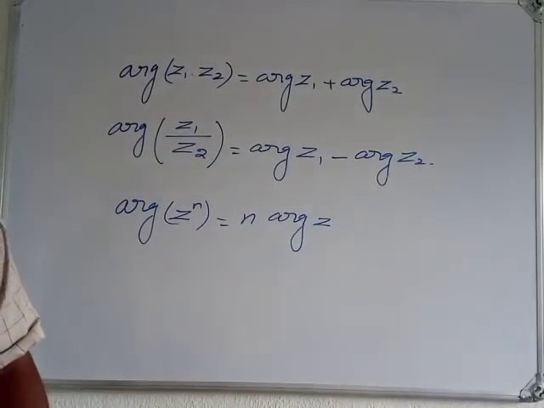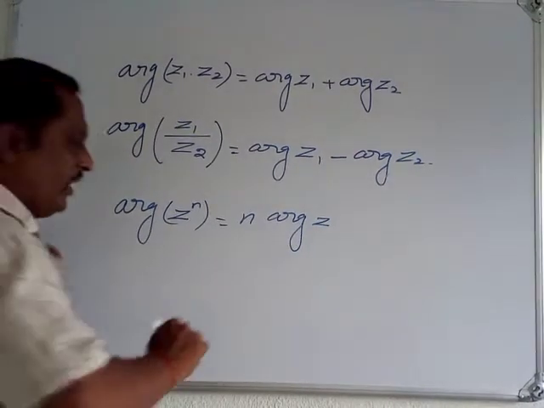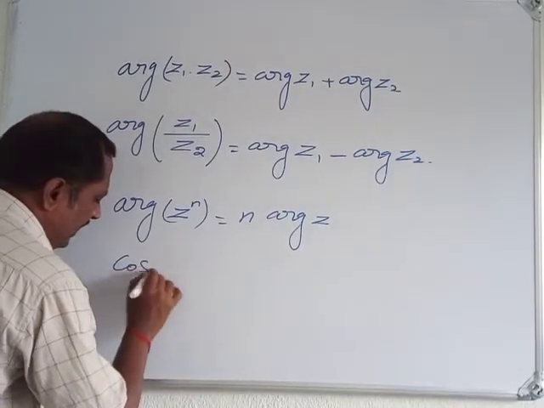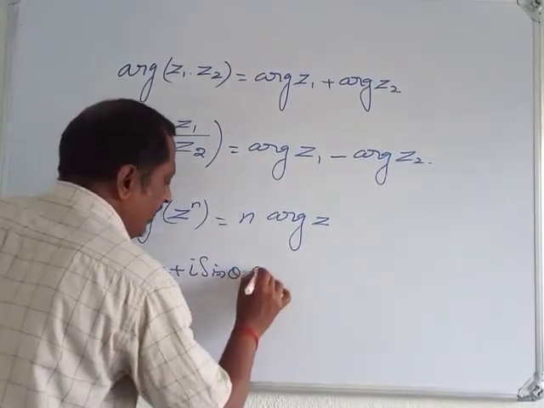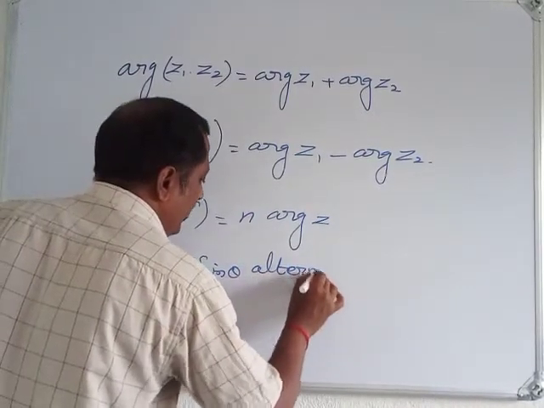Next, the alternative form of cos theta plus i sin theta. What will be the alternative form?